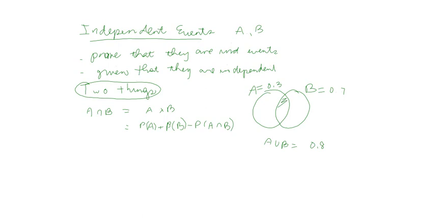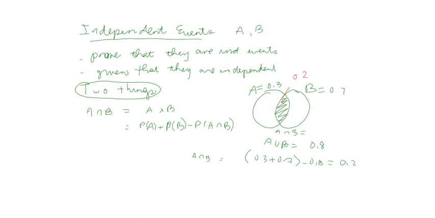So this is the intersection of A and B using this given, then we shall have 0.3 plus 0.7 minus 0.8 gives you 0.2. This will be the intersection of A and B. Okay, so this is 0.2.